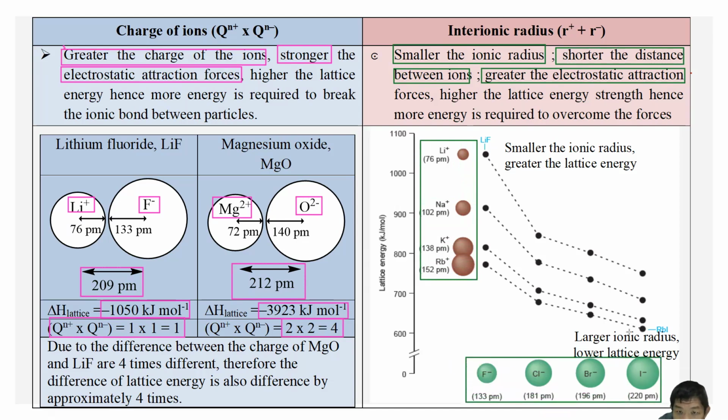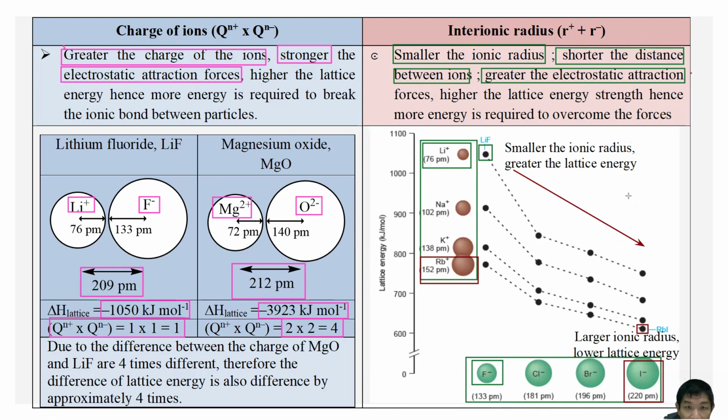Lithium fluoride has the highest lattice energy because it has the smallest inter-ionic radius, whereas rubidium iodide has the lowest lattice energy due to having the largest ionic radius. From the graph, the lattice energy progressively decreases with the increase in ionic radius.